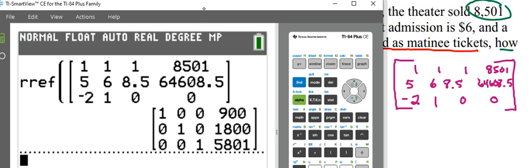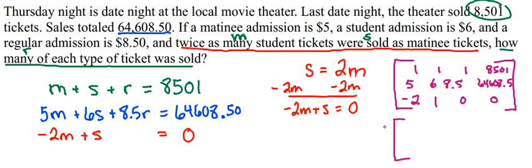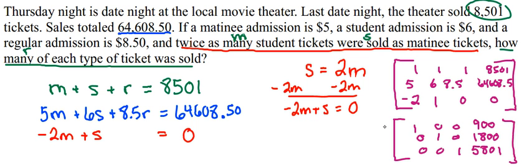So this was our output after we did the row reduced echelon form for this. And what does that mean? Well, what was the first column?